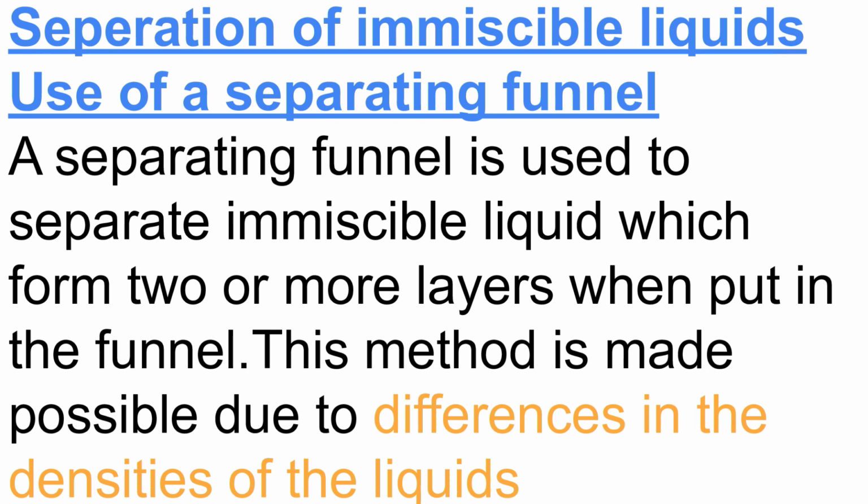This method is made possible due to differences in the densities of the liquids. So the liquids must be of different densities so that they may form those two layers. Of course, the dense one at the bottom and the less dense one on the second layer.